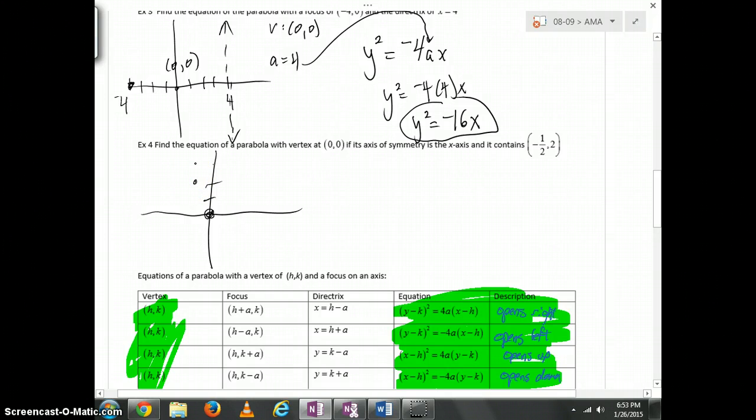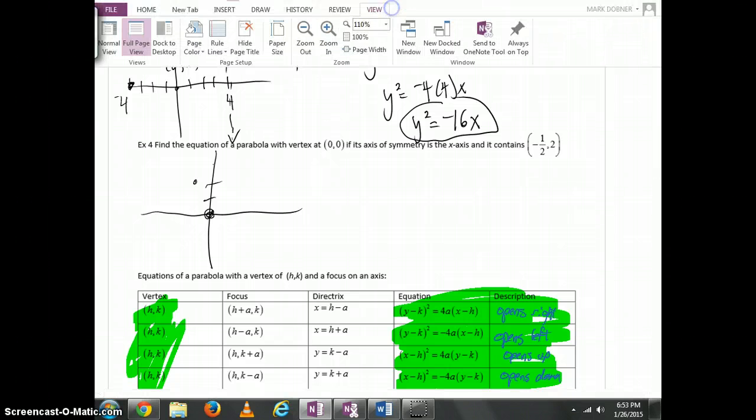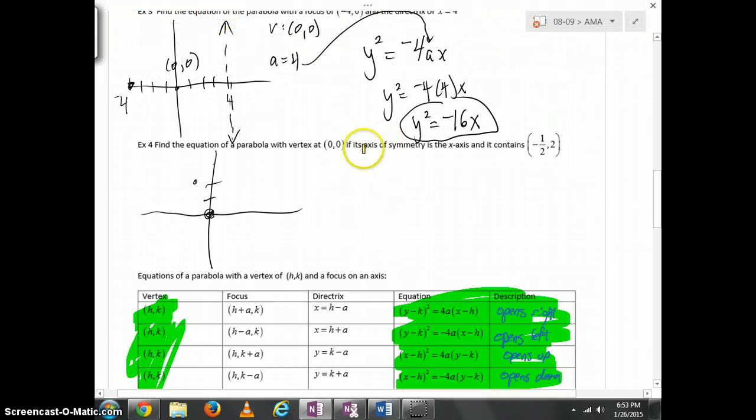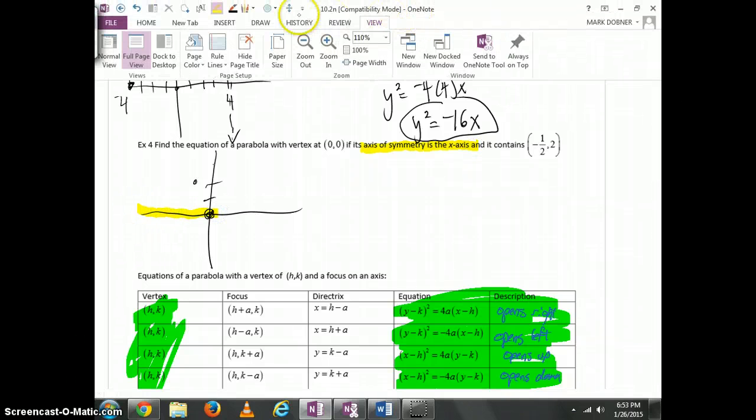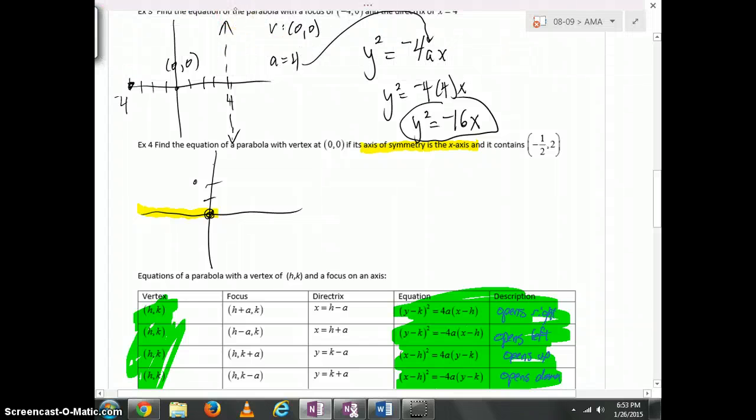Right now you might think, well, this either means my parabola opens upwards or perhaps to the left, but the fact is we have an axis of symmetry. That's the x-axis. The axis of symmetry is a line that is going to be symmetrical about the vertex. It's going to go right through the vertex.